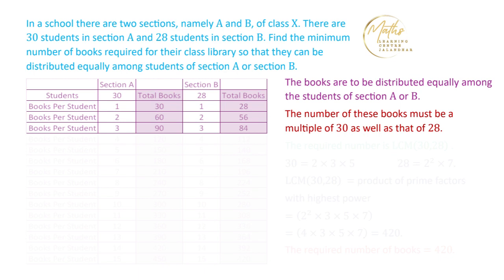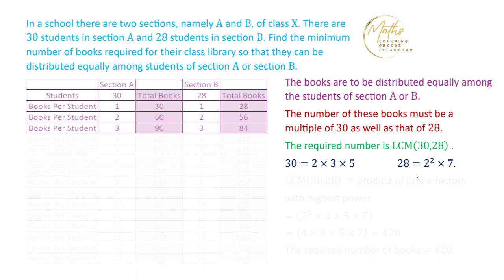So the required number will be the least common multiple. We want to find the minimum number of books, so that will be the least common multiple of 30 and 28. Now the prime factors of 30 are 2, 3, 5. The prime factorization of 28 is 2 raised to the power 2 into 7.